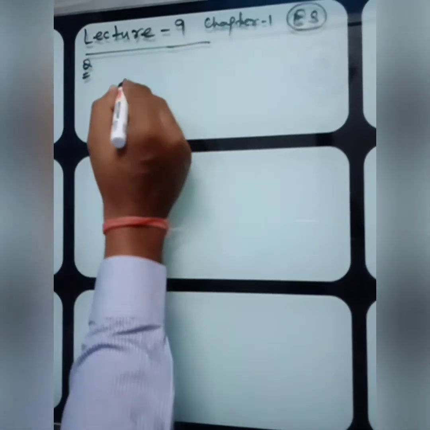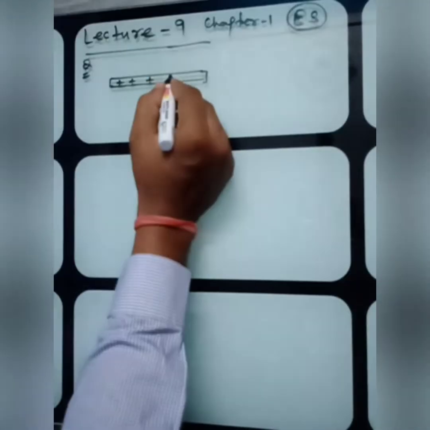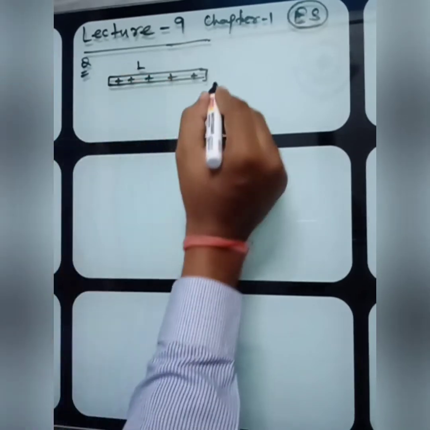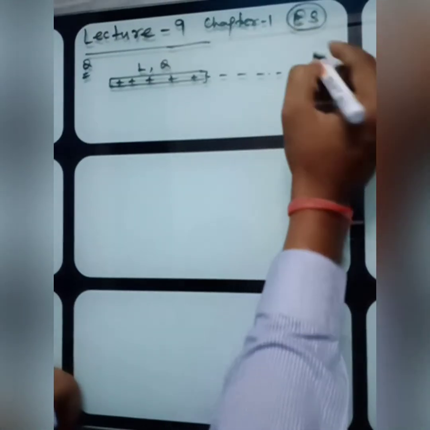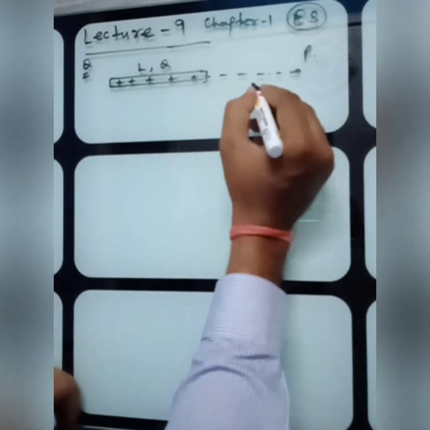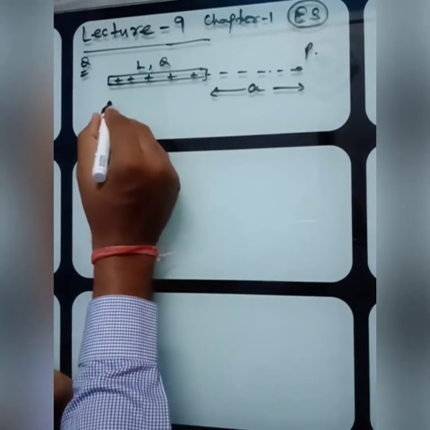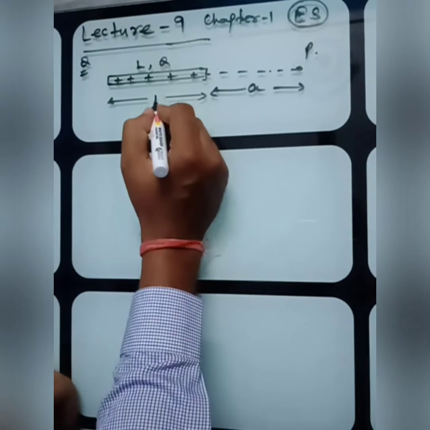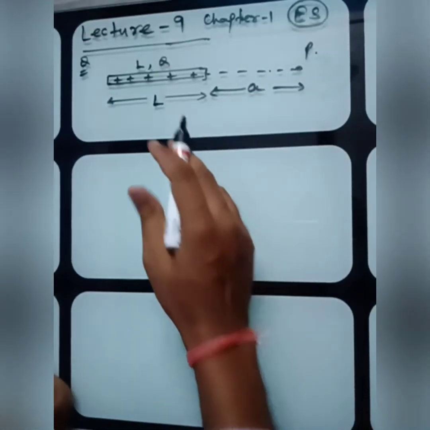So students, the question is: this is a positively charged rod of length L, and the charge, which is uniformly distributed over the rod, is Q. You have to find the net electric field at point P. This is a distance a away from the rod, and the length of the rod is already given as L. So you have to find the electric field at point P due to this rod.